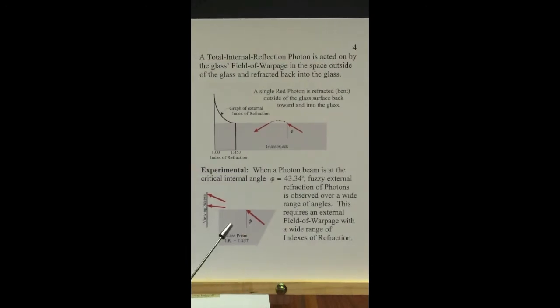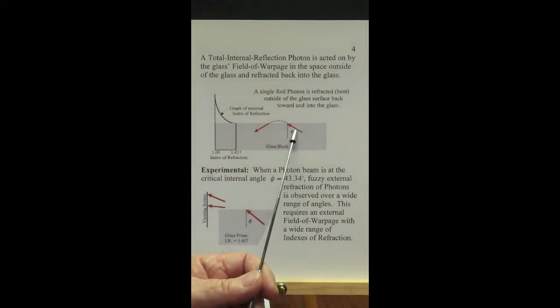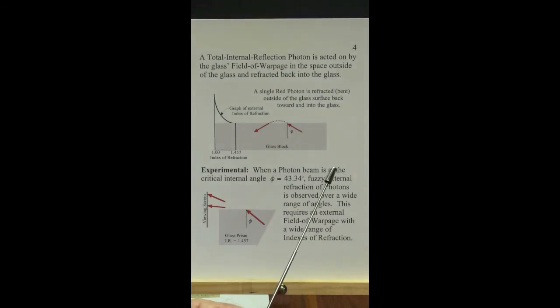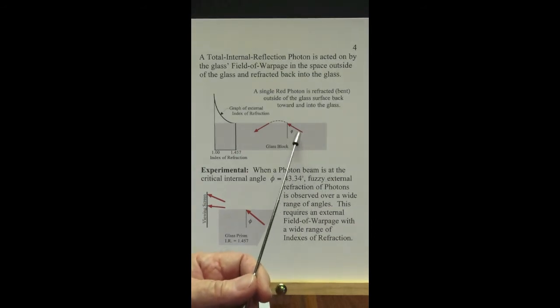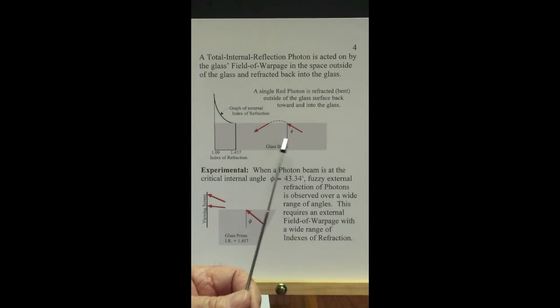The subject of total internal reflection then gets changed a little bit. Here we have a photon that is traveling inside of the piece of glass, and it arrives at an angle that is larger than the critical angle.